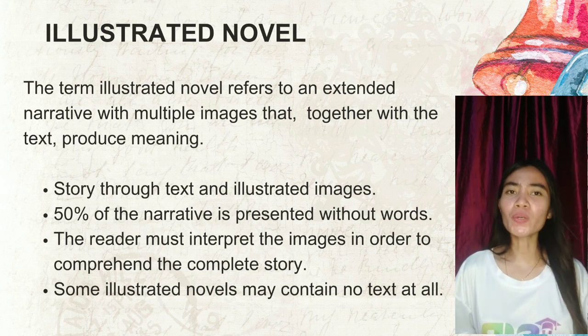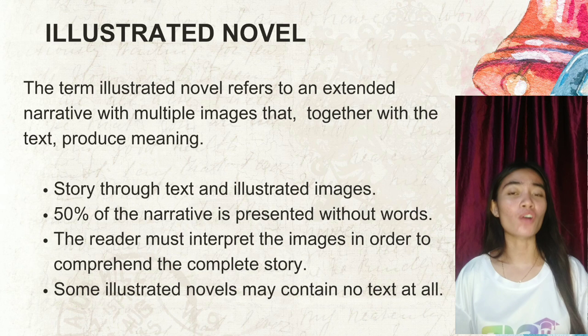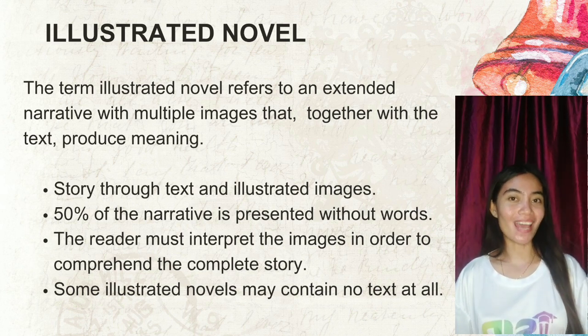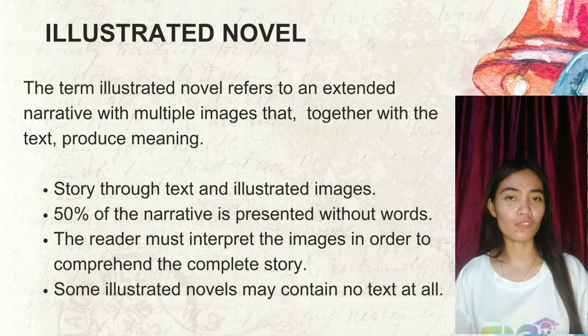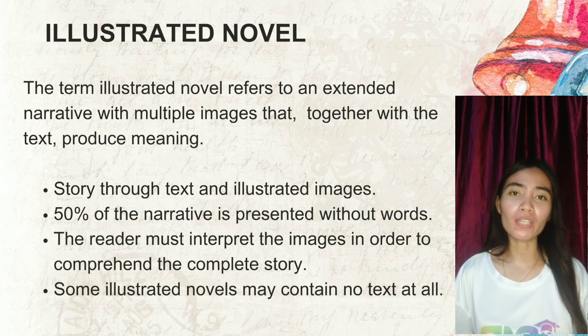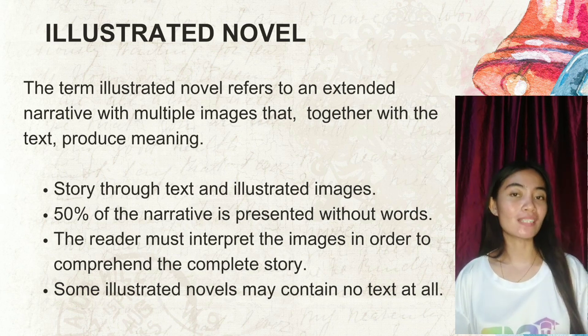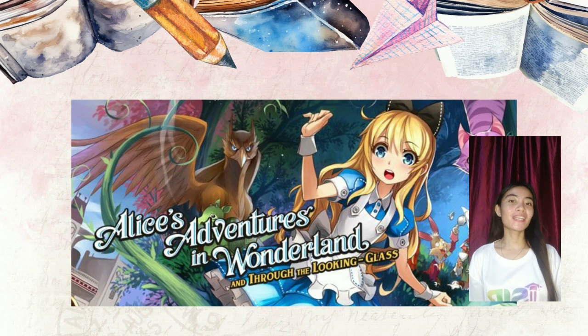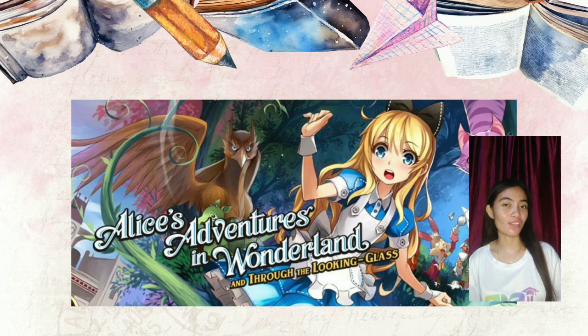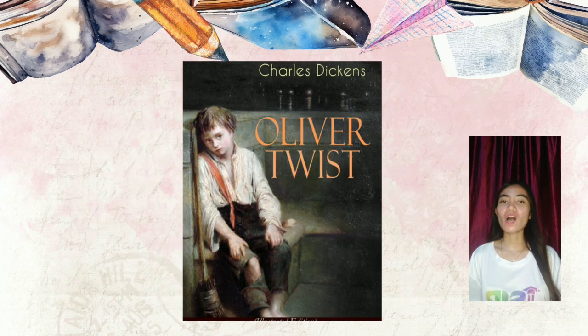For instance, a story could unfold through a sequence of illustrations, with the reader extracting meaning and context solely from these visuals, highlighting the importance of imagery in storytelling. So, here are some examples of illustrated novels. First, we have Alice's Adventures in Wonderland and Oliver Twist by Charles Dickens.